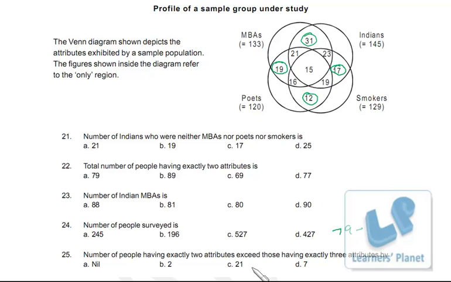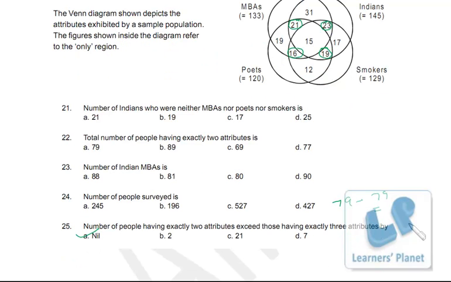And then exactly 3, that means they should be in 3 circles. So that is this, this, this and this. So further it is 40, 50, 60, 70 and 79. So it's 0.